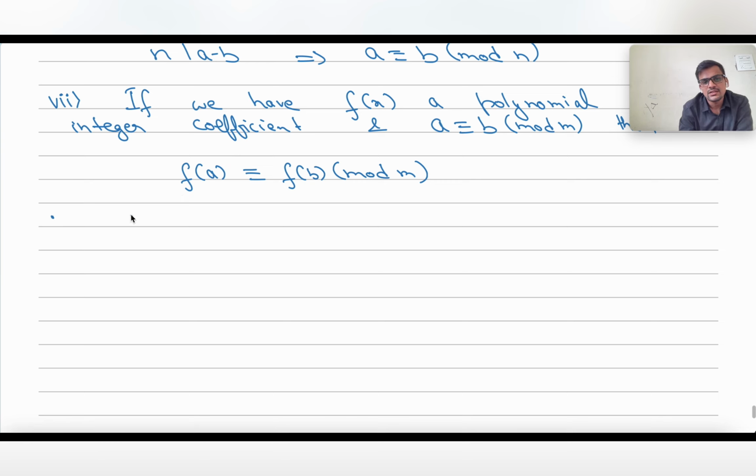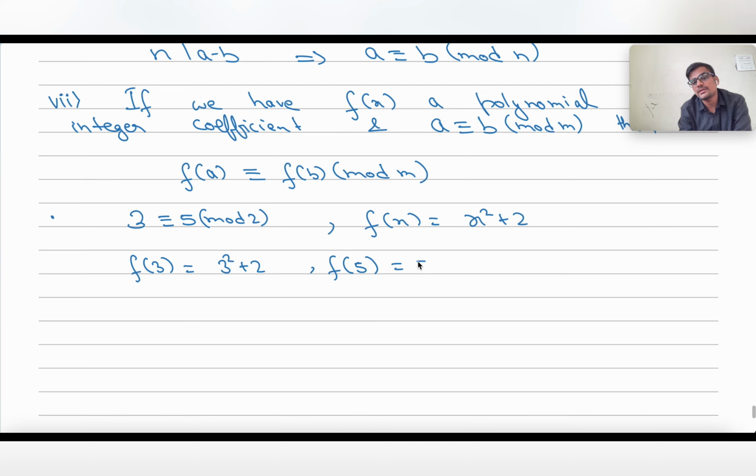For example, 3 is congruent to 5 modulo 2, and we take f of x equal to x square plus 2, right? Then f of 3 will be 3 square plus 2, and f of 5 will be 5 square plus 2.